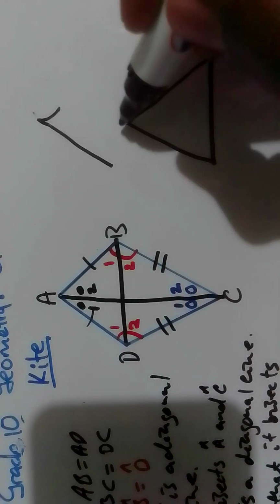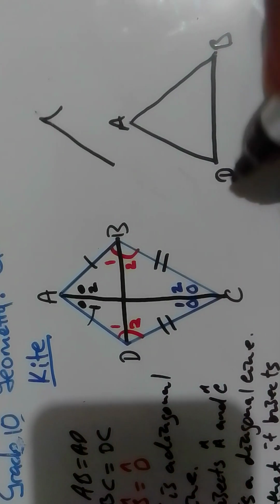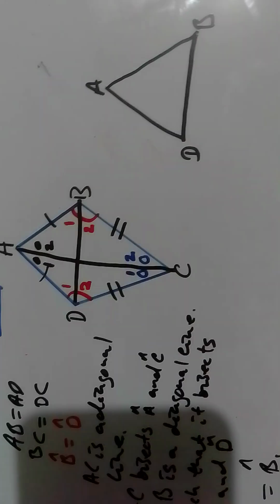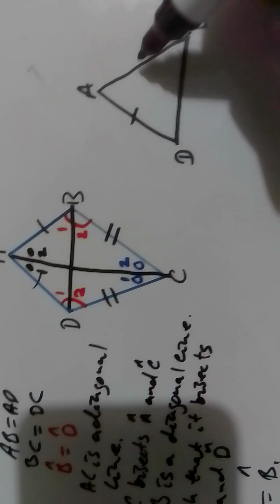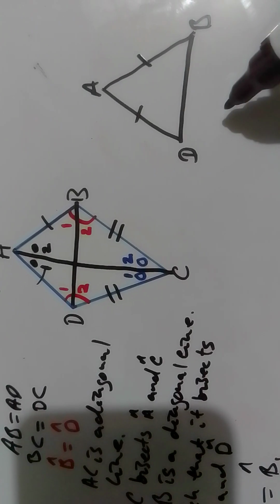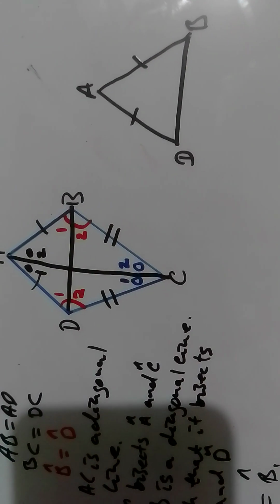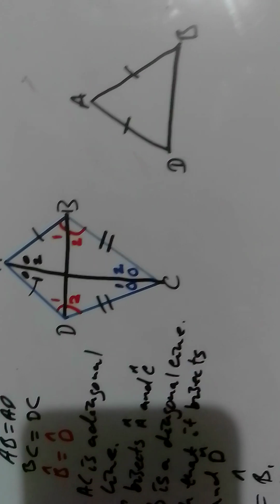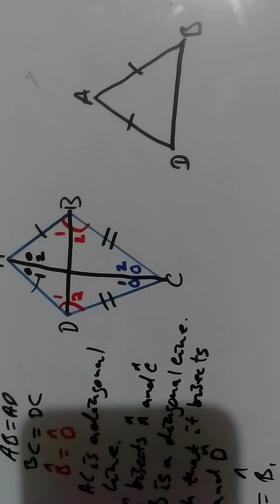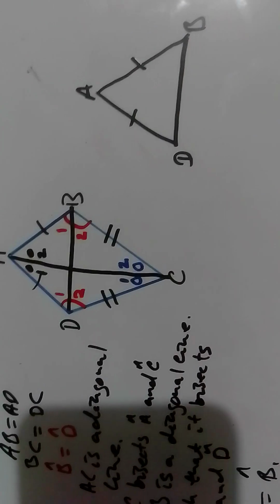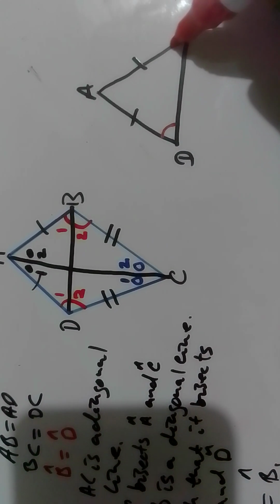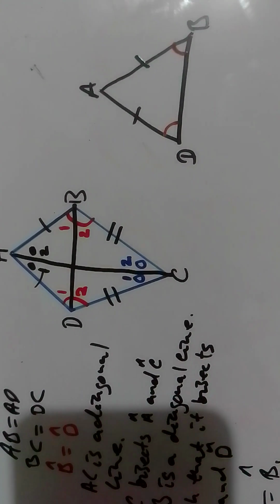So this is B, this is A, and that is D. Alright, the markings, line AD is equal to line AB. Alright, and then here we've got this angle and that angle.